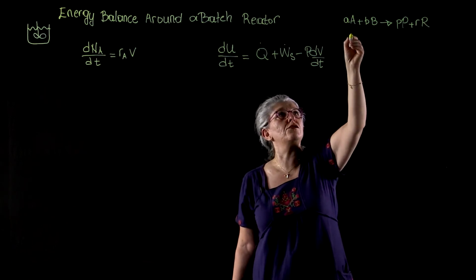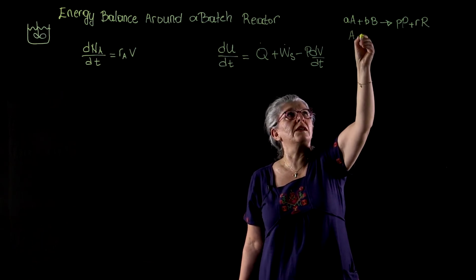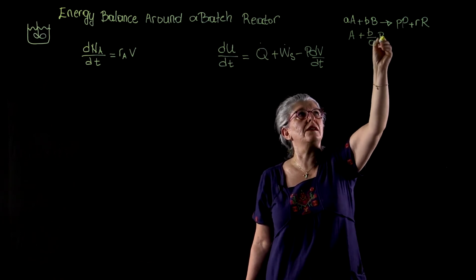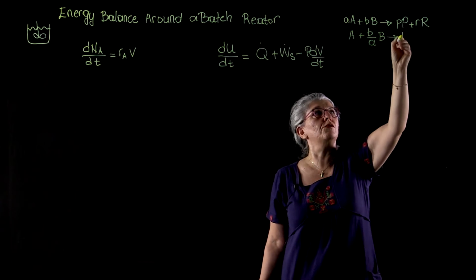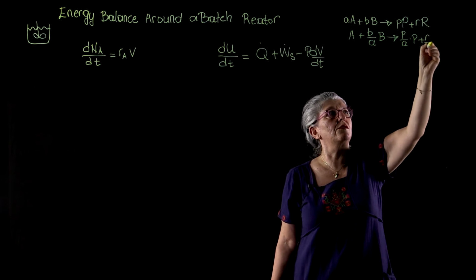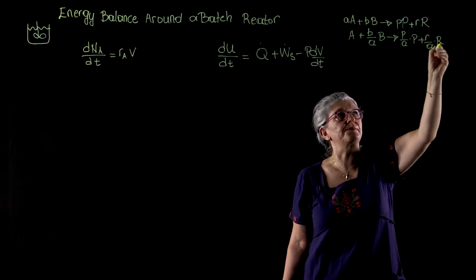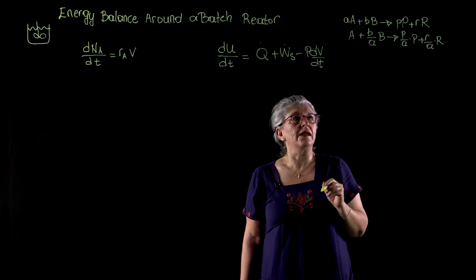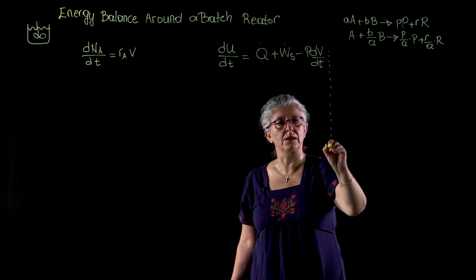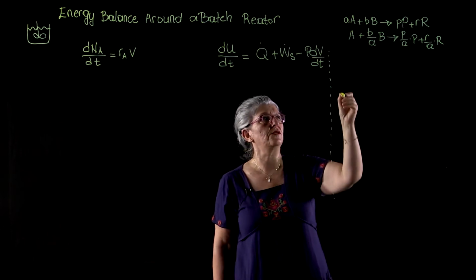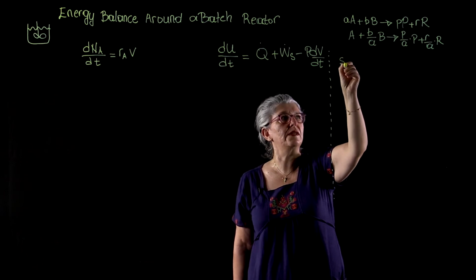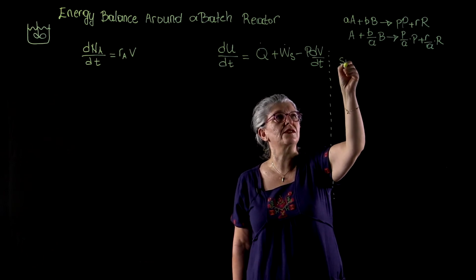And our reduced stoichiometric coefficient representation of the same reaction is A plus (b/a)B going to (p/a)P plus (r/a)R. Now there are no inlets, no effluents in this reactor. But again, we have to write a stoichiometric table to be precise in our derivations.